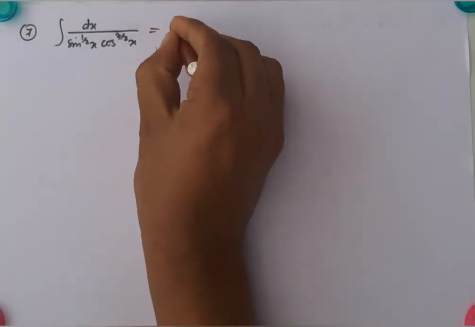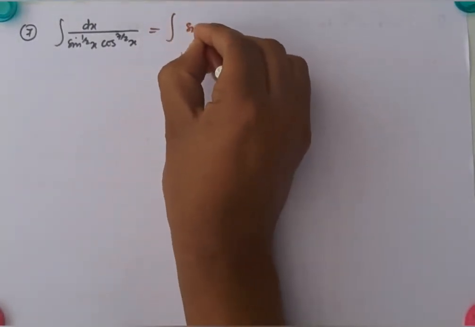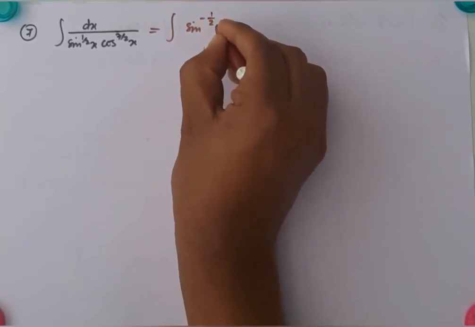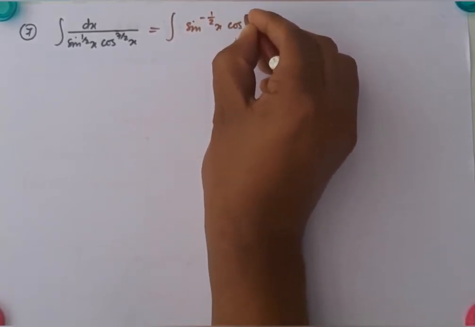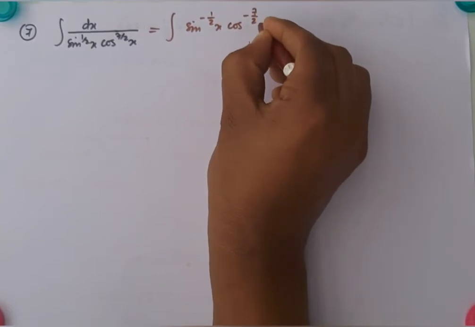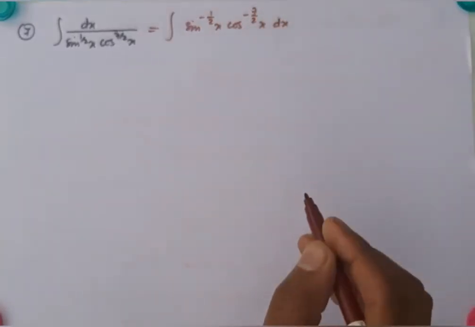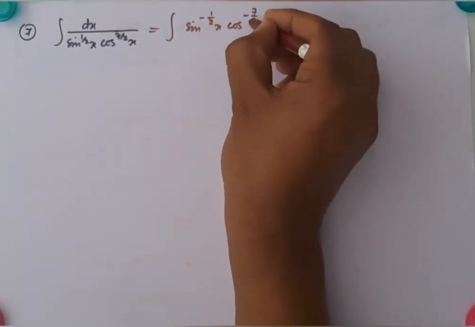So dear students, in front of you we have another question. Now this question falls under your rule number 3, because here this integral can be written as integral of sin to the power minus half x cos to the power minus 7 by 2 x dx. Okay, so this is your m and this is your n.